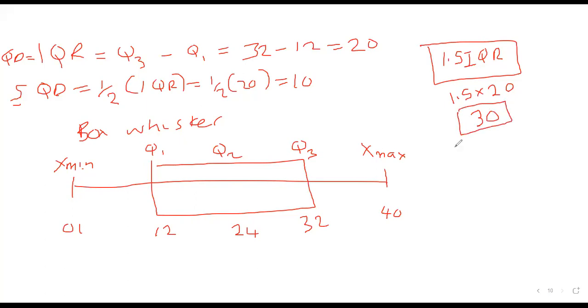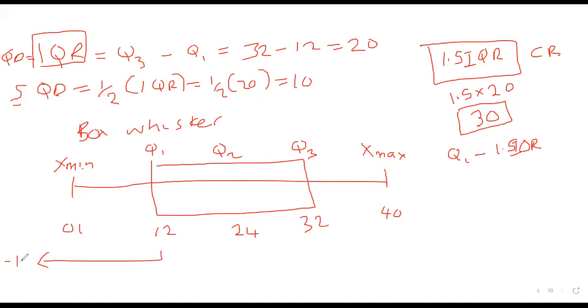So you subtract 1.5 IQR from the lower quartile. What is the IQR again? The interquartile range. When we multiply by 1.5, we're getting the correction term, which we're going to subtract and add. So 12 minus 30, you get negative what?